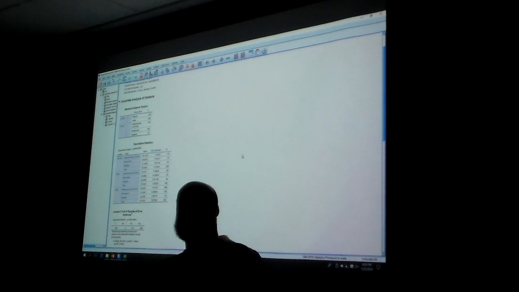Okay. Looking at some descriptive statistics again. Here's main effect of gender, main effect of my belief profile, and then each one of these cell means is where my interaction effects are found.